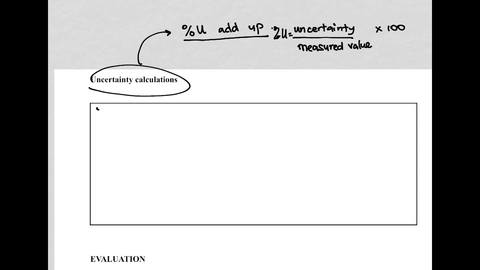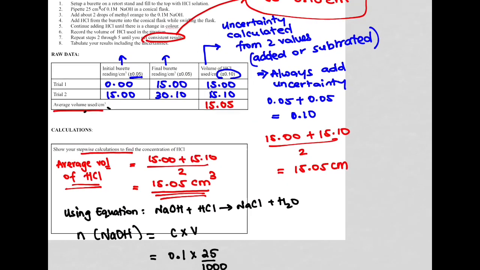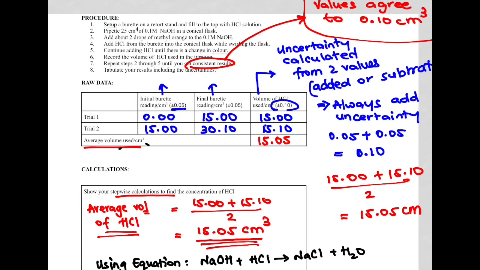So I'm going to write percentage uncertainty burette. If you look at the burette, these are the values that we measured. But I'm going to find the percentage uncertainty in the average value.